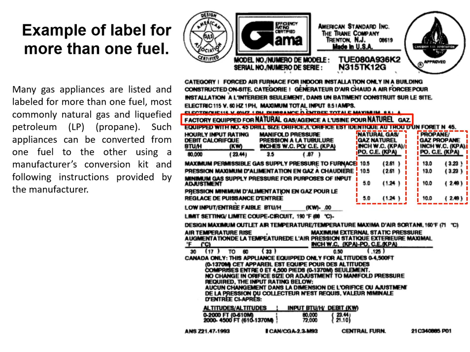Many gas appliances are listed and labeled for more than one fuel, most commonly natural gas and liquefied petroleum. Such appliances can be converted from one fuel to another using a manufacturer's conversion kit, specifically following the instructions provided by the manufacturer.